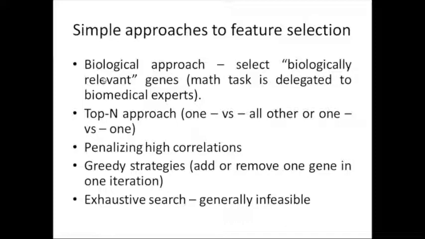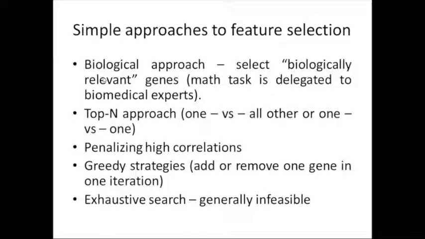If we have more than two classes, then there are multiple ways of implementing top-N approach possible. We can use one versus all approach when we perform differential expression analysis for the first class versus all other classes, for the second class versus all other classes, and so on, and select top-N genes from the list acquired in each of these comparisons.